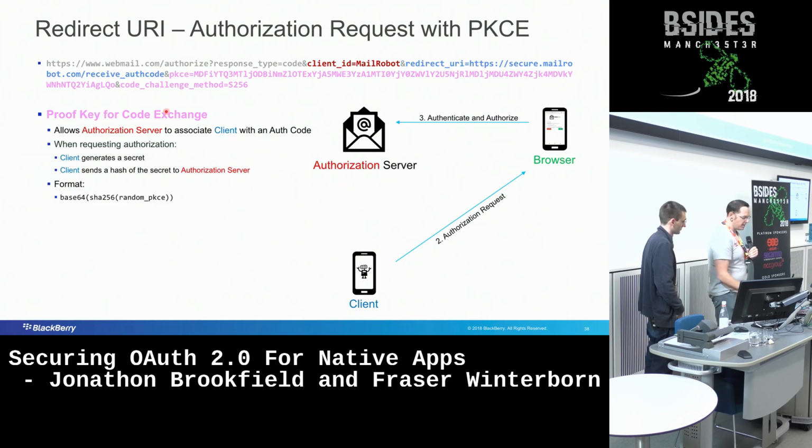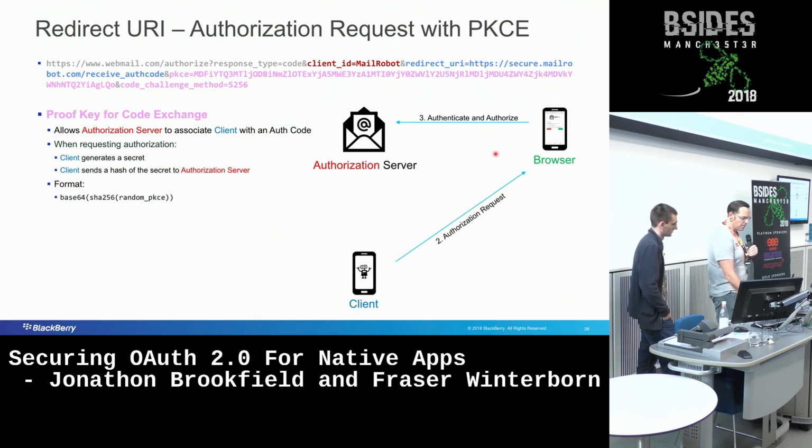The idea is that this allows the authorization server to associate an authorization request with a token exchange. So what the client does is it generates a secret, then generates a hash of that secret, and sends that in the PKCE variable to the server. The code challenge method is just the hashing method that's used.